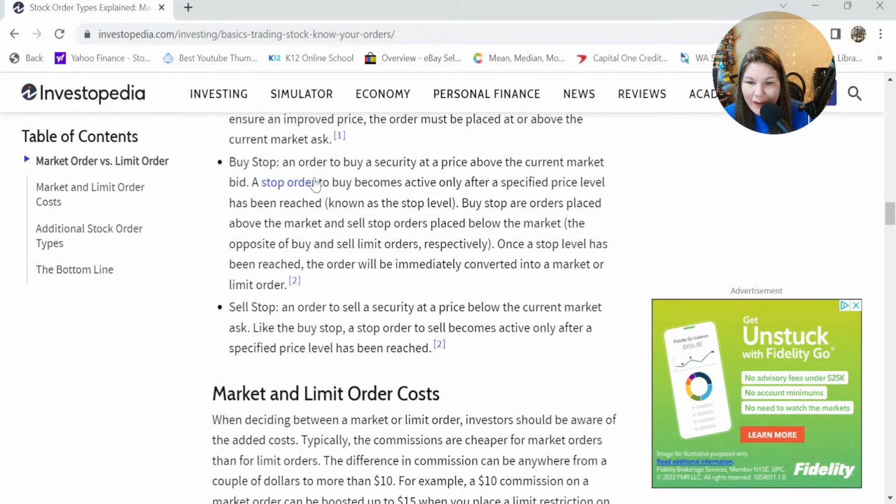A buy stop is an order to buy a security at a price above the current market bid. Why would you want to buy a security at a price over the current? A buy stop is an order to buy a security at a price above the current market bid.